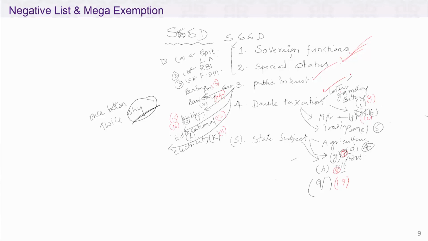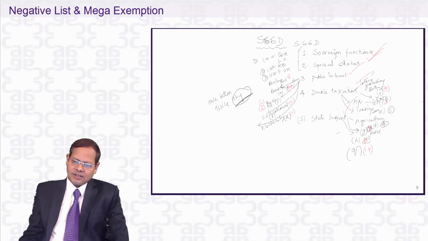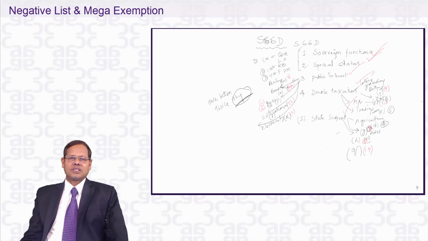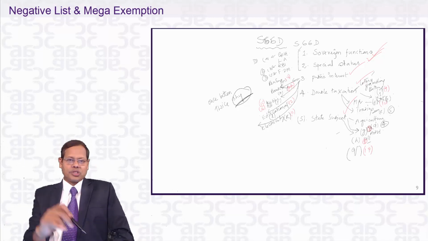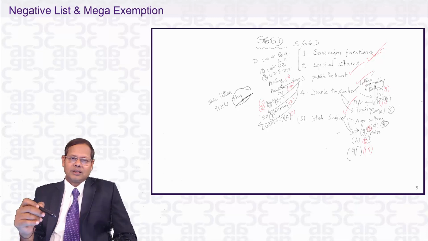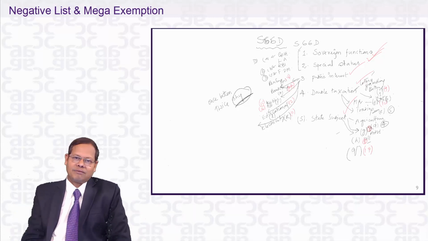So to avoid double taxation and items which are under state subject necessary. So like this, on various considerations, the negative list has been prepared. So then I'll put them in some other mode so that we'll be in a position to remember and also retain, so that we will be in a position to reproduce.